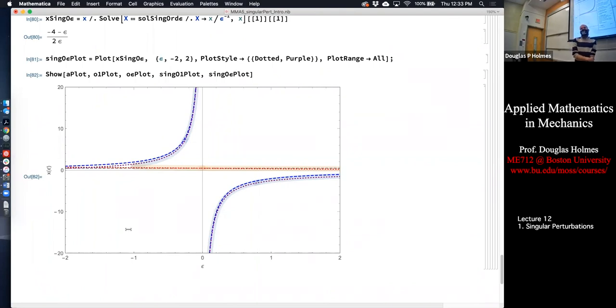Yeah, that's kind of the introduction to this topic. To sum up, you can identify a singular perturbation problem pretty quickly usually. You can identify it by observing that the small parameter in your problem either multiplies the highest order derivative or multiplies the highest order polynomial.